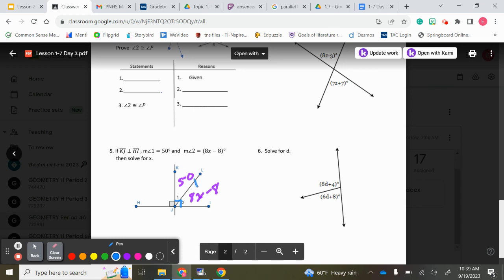So you're going to add those 2 and set it equal to how much? 90. So there's that tip for you.